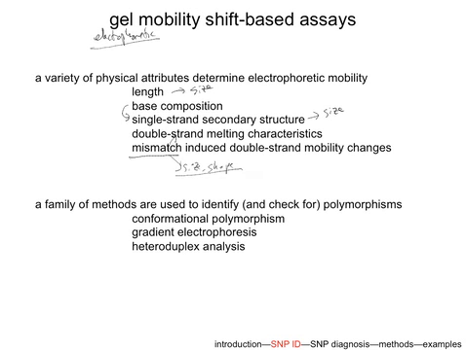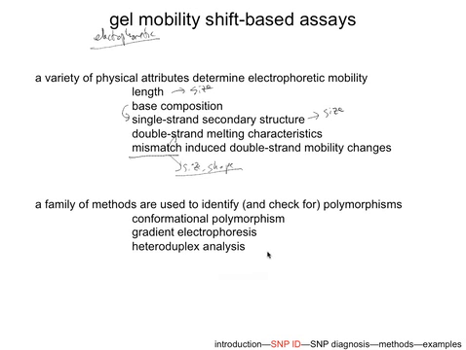We have a family of methods that we can talk about for identification and diagnosis of specific polymorphisms. That's again conformational polymorphism, referring back to all of the electrophoretic mobility determinants referenced above. Gradient electrophoresis methods that we can use to separate molecules of very subtly different shapes and sizes and characteristics, and then heteroduplex analysis, and we'll talk about all of these.